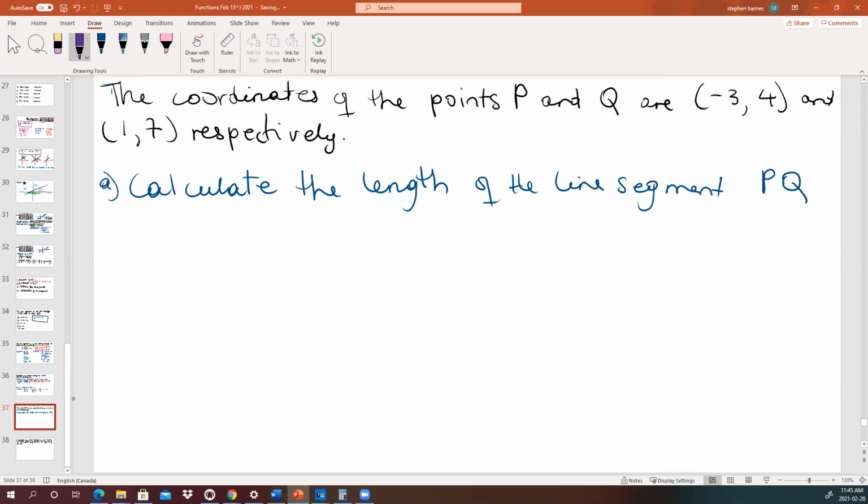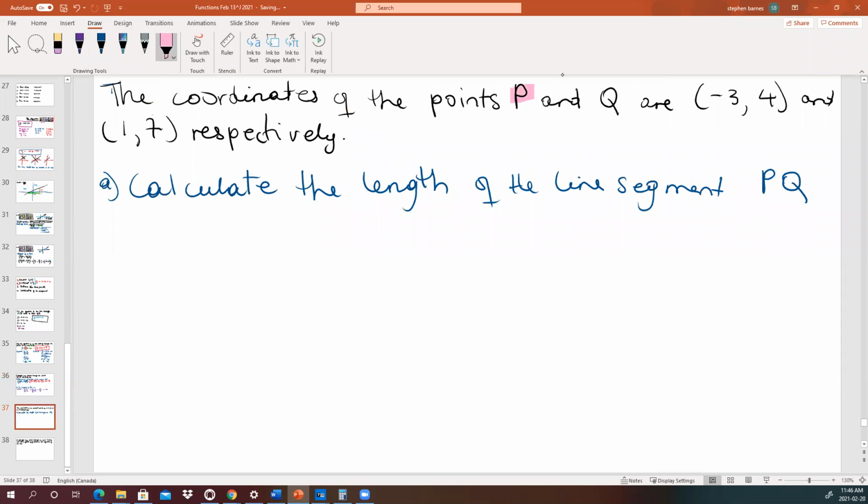All right, now this one says the coordinates of the points P and Q are -3 and 4, and 1 and 7 respectively. What respectively means is that the same order that they gave the points is the same order that they gave the coordinates.